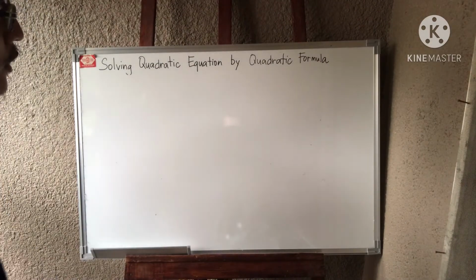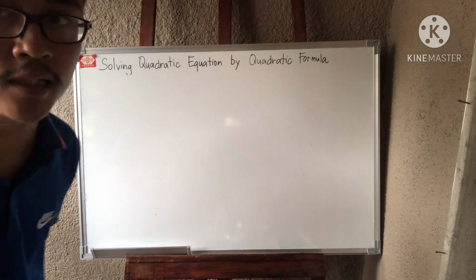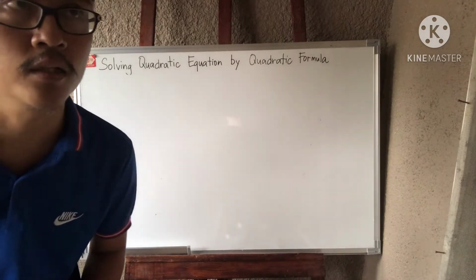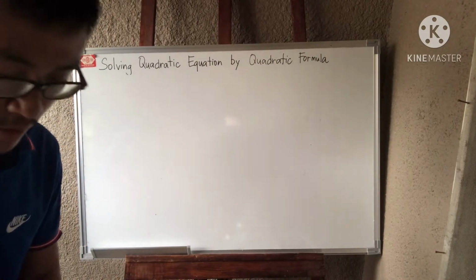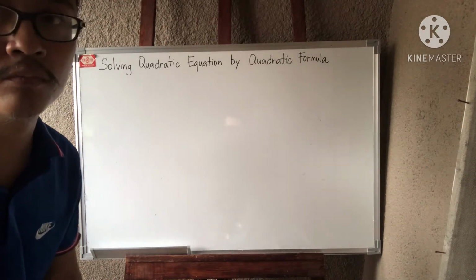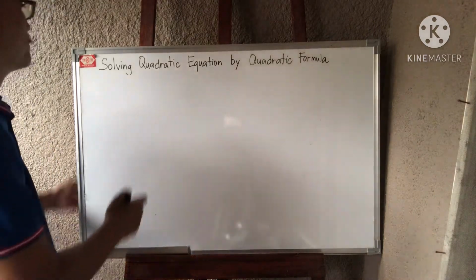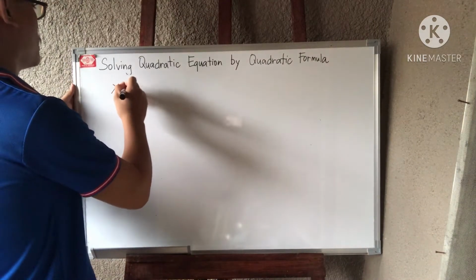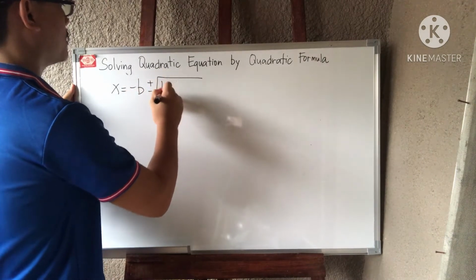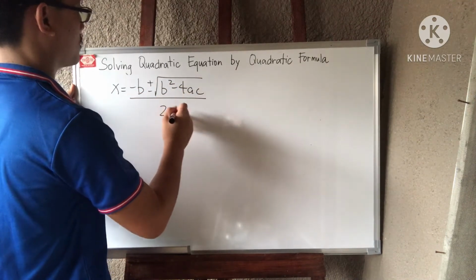So, yung quadratic formula, na-derive siya sa standard form ng quadratic equation pero hindi ko na ipapakita. Or siguro sa ibang videos na lang para malaman nyo kung paano na-derive yung quadratic formula. Okay, so yung quadratic formula is x equals negative b, plus or minus the square root of b squared minus 4ac, all over 2a.